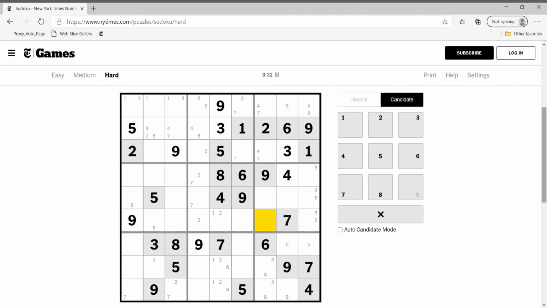And then, so this is the 5, 8, 5, 8. So we do know 8s are vertical over here. So this is 8. And so looking across, we know 8 is either here or here for now.